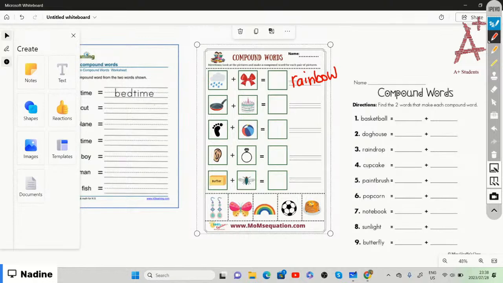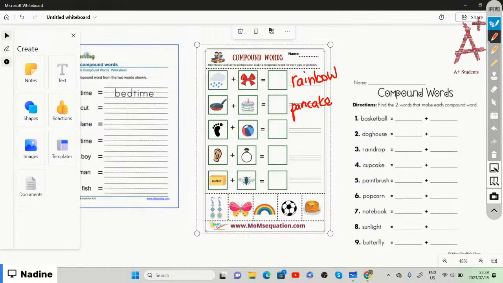Then we have pan plus we have cake. So we have pan plus cake. We need to choose the compound word. So pan plus cake is pancake, right? So we're making pancakes in the morning. We have foot plus ball, right?